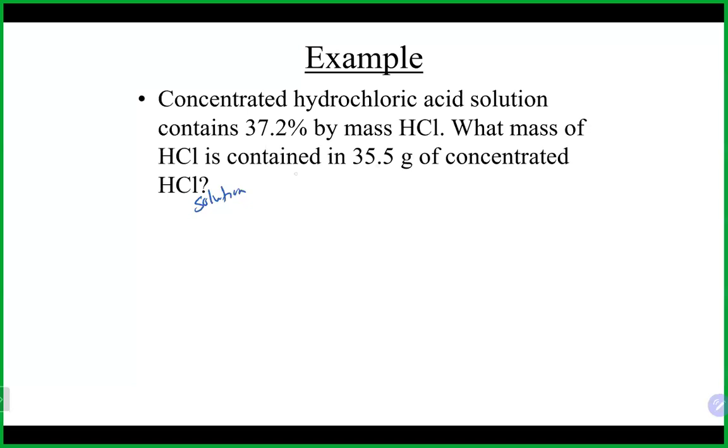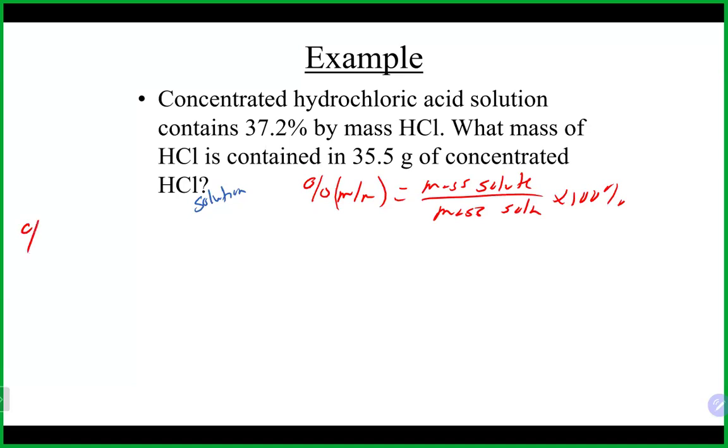Once again, we're dealing with our percent mass to mass, which is our mass of our solute divided by our mass of our solution times 100%. Here, we are given the percent mass to mass, which is 37.2%.